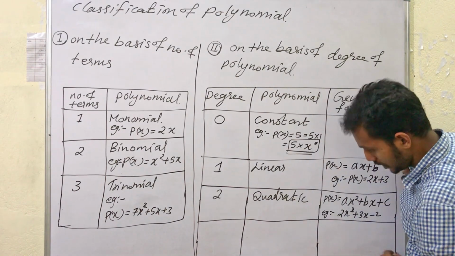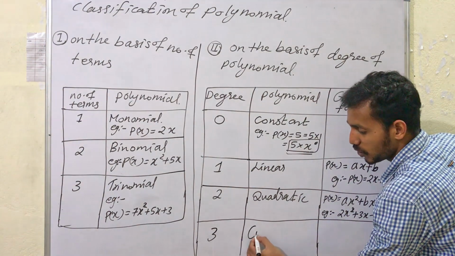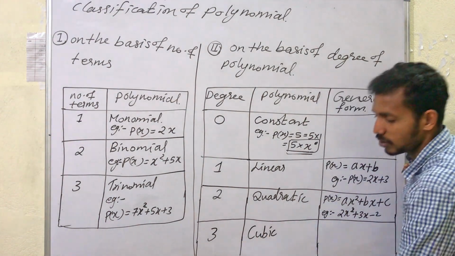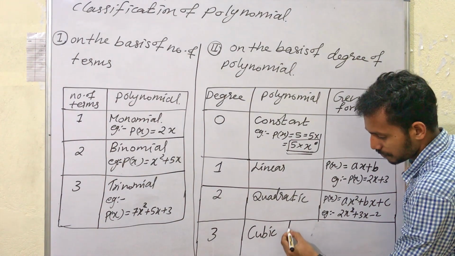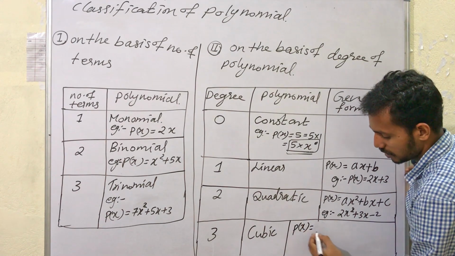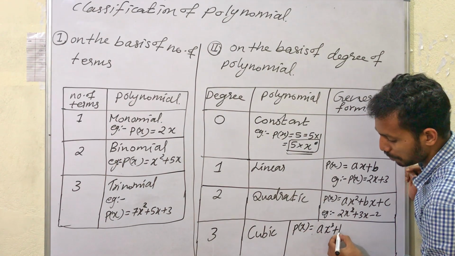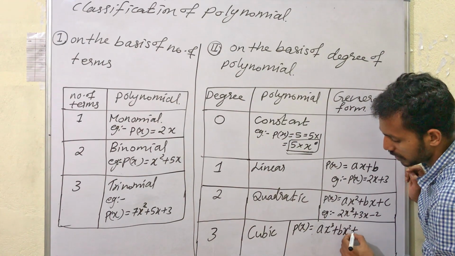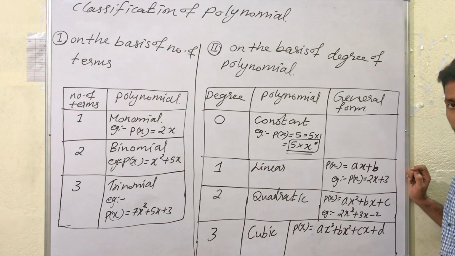And the last one we are going to discuss here is when the degree is 3. Then we call that a cubic polynomial. The general form will be p of x is equal to a x cube plus b x square plus c x plus d. We need to write in the decreasing order of its power.